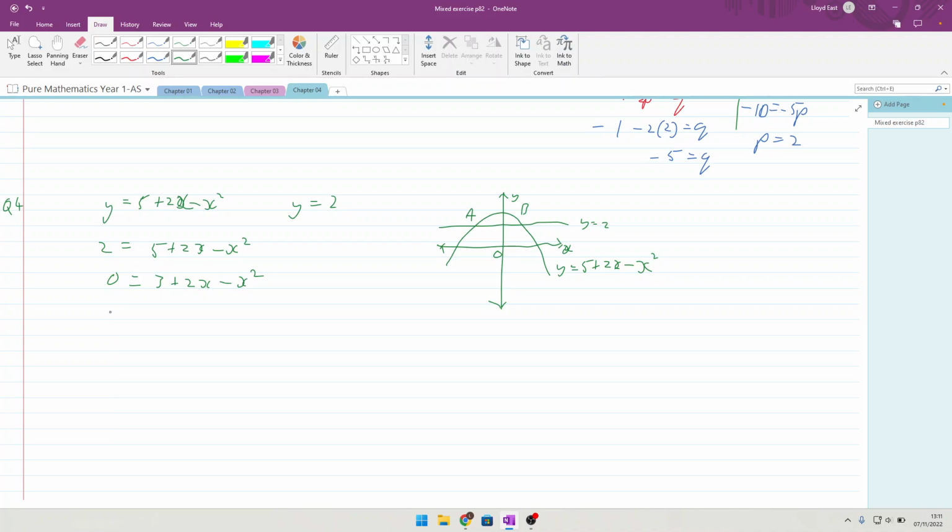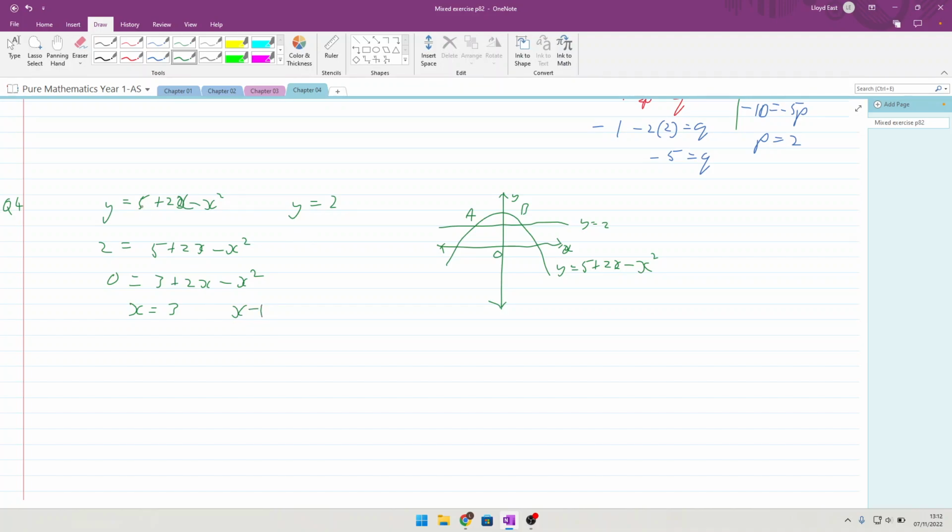Substituting it all in for the calculator then, we've got coefficients of minus 1 for A, 2 for B, and 3 for C, and that gives us an x equals 3 and an x equals minus 1.